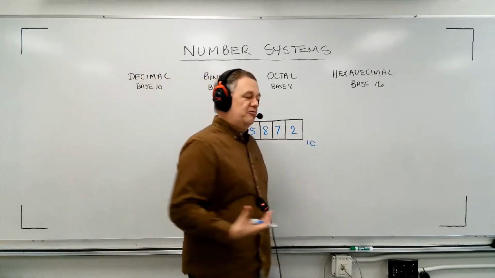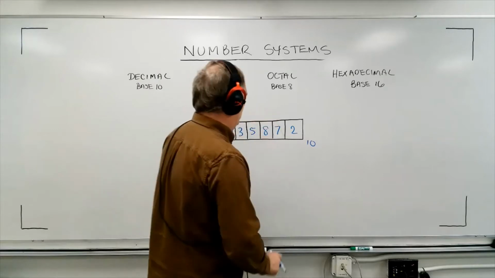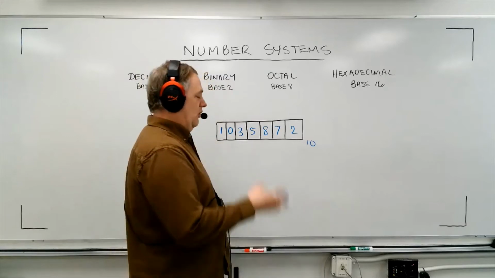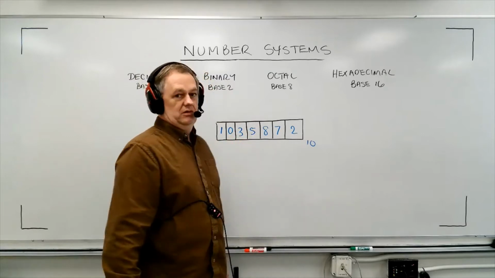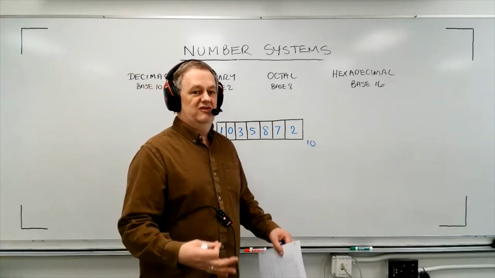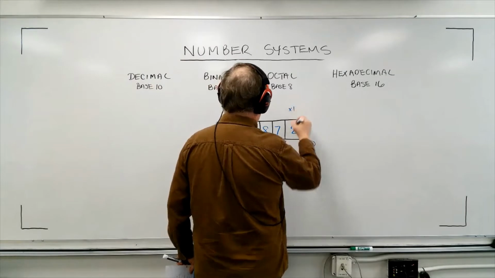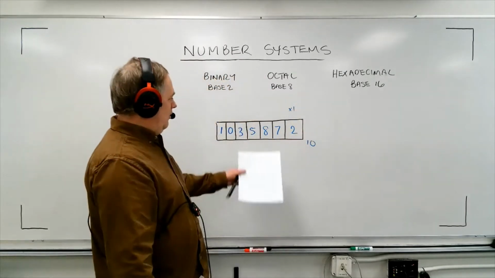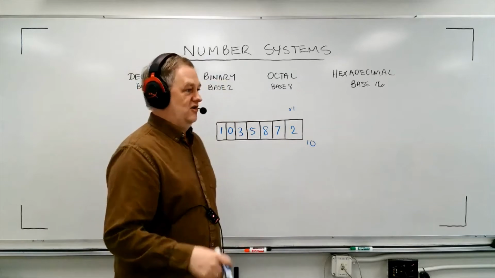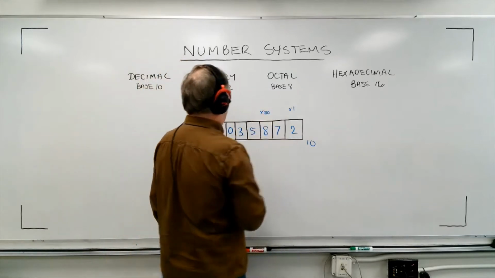And so what we have built in is we understand immediately when we see a number. If I say to you, what's the value of the 2? You know, the overall value of that 2. Oh, it's just 2. Why is that? Because it's in the ones place. You go, oh, so anything here is times 1. What is the value of the 8? Oh, that's actually 800. Well, that's because it's in the hundreds place.